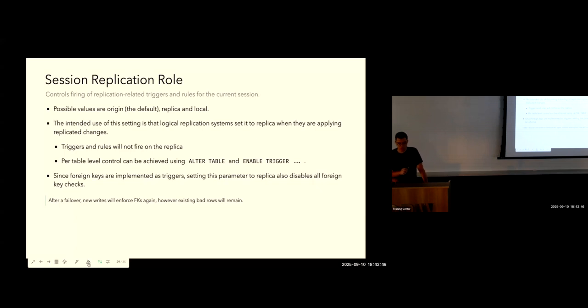If you want more granular control, you can use alter table and enable trigger statements to just disable them per table. So after a failover, new writes will enforce foreign keys again. So existing bad rows will remain. That's also something I think will happen if logical replication takes over.